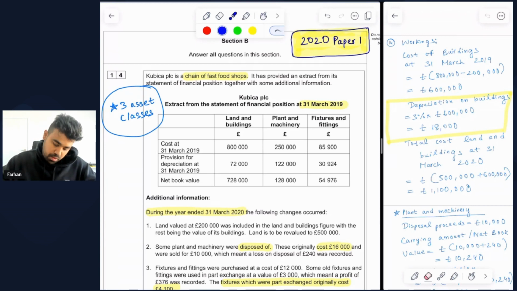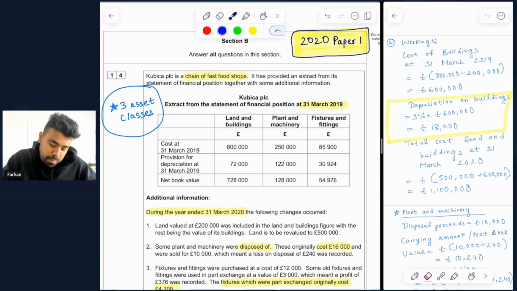Once that is taken care of, let's look into the fixtures and fittings section, which is additional information number 3. So fixtures and fittings were purchased at a cost of £12,000. All right, so we have some new additions, as you can see. Some old fixtures and fittings were used in part exchange at a value of £3,000, which meant a profit of £376 was recorded.